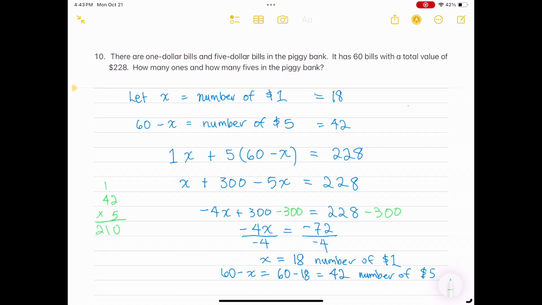And I add 210 to 18, or the value of the $1 bills, to see if it works out to be a total of $228, which it does. So the solution, number of $1 bills is 18, and the number of $5 bills is 42, is correct. I box my answer.